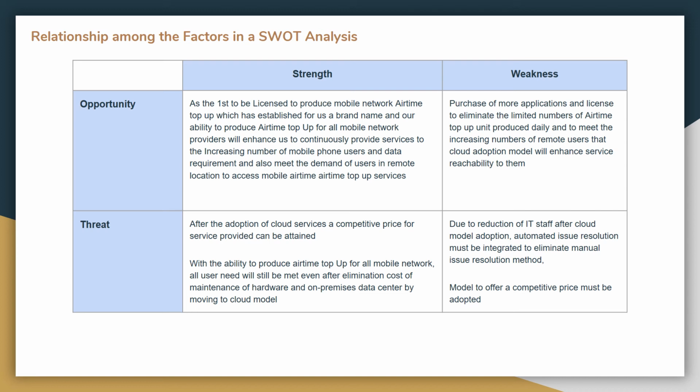We have to purchase more applications and licenses to eliminate the limited number of airtime top-ups we produce on a daily basis, to satisfy and also cover the increasing number of subscribers. And also we have to adopt a method to always resolve issues automatically due to technology improvement and also customer satisfaction.